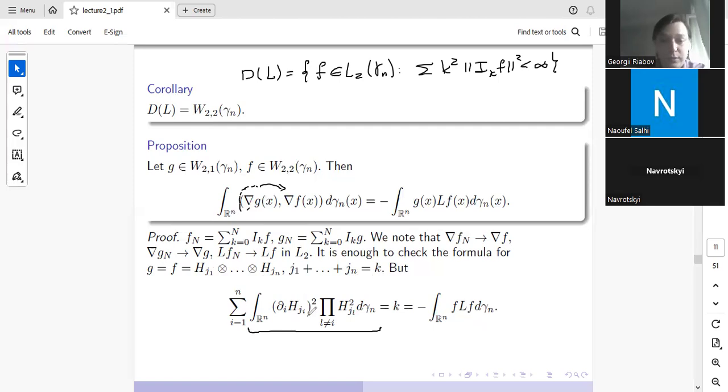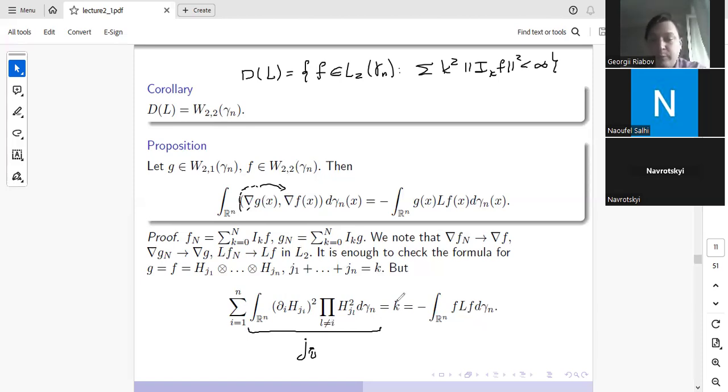If we take the summand that corresponds to the derivative in i, then the integral will be equal to ji, because the norm of the Hermite polynomial is 1, and the squared norm of the derivative of the Hermite polynomial of order ji is ji.